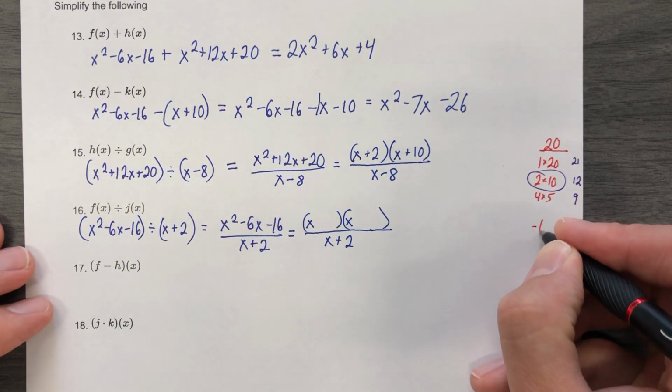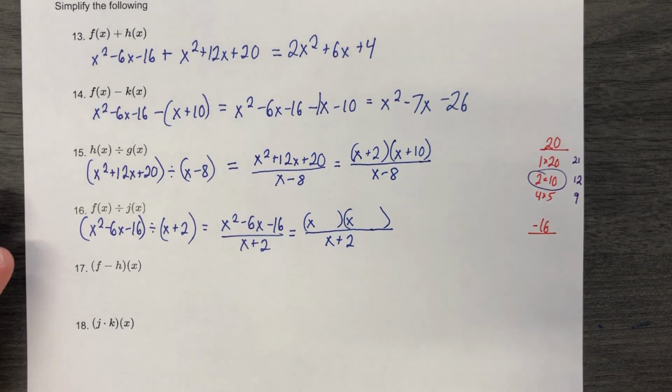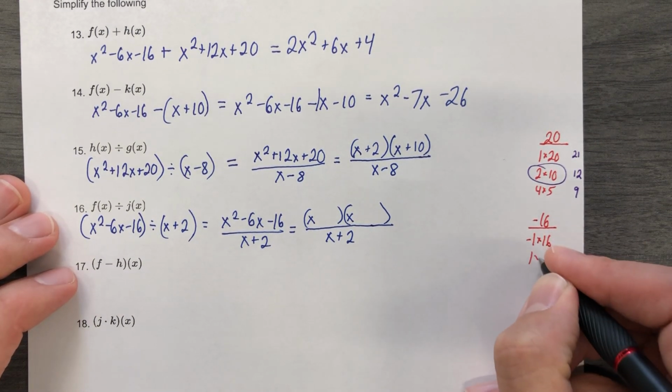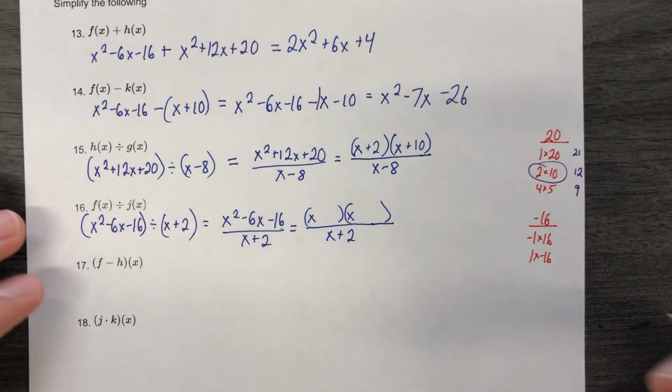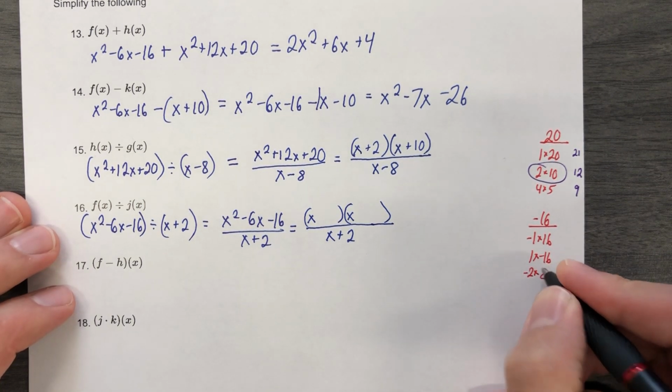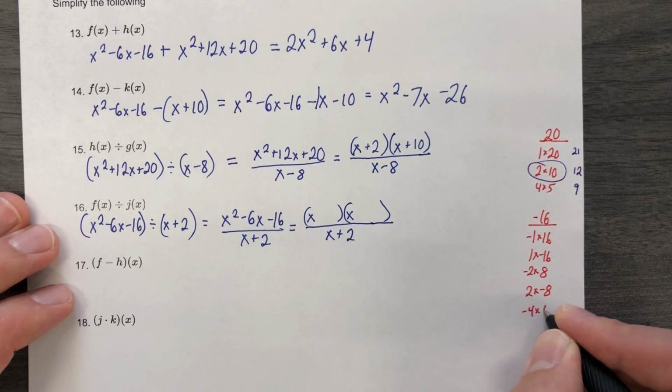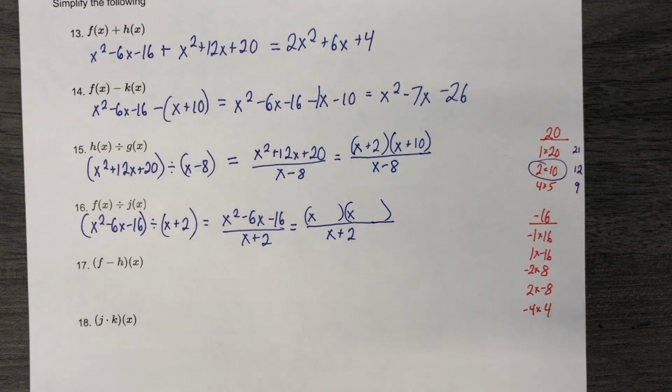So I need two numbers that multiply to give me negative 16. And if I multiply to get a negative, then my signs had better be different. So negative 1 times 16, 1 times negative 16. We could do negative 2 times 8. We could do 2 times negative 8. We could do negative 4 times 4, and then reversing that changes nothing.